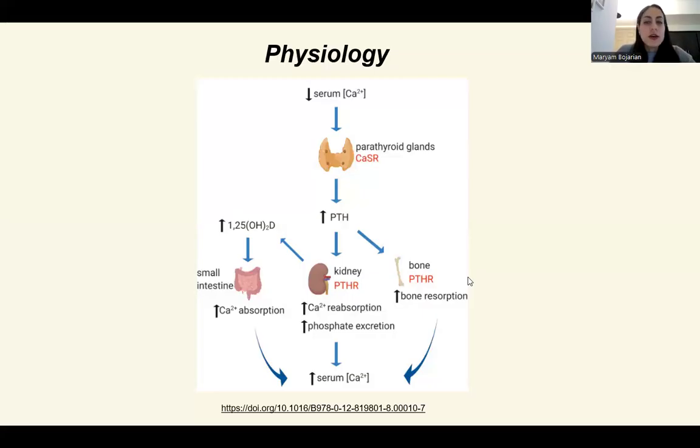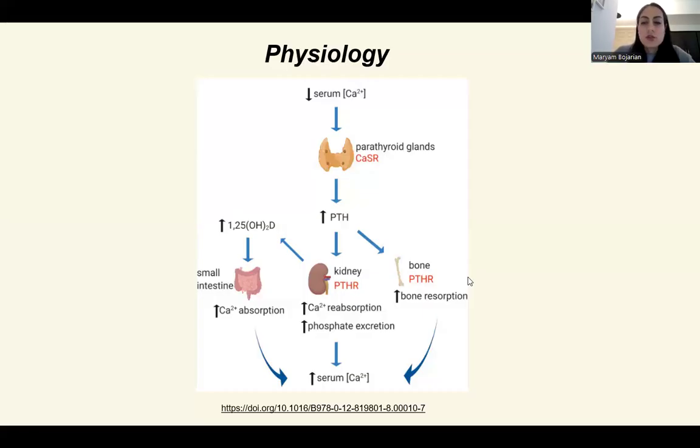And overall effect, calcium and phosphate are mobilized from bone and absorbed from the intestine, but the kidney retains calcium and excretes excess phosphate. Serum calcium normalizes, phosphate remains stable, and PTH secretion decreases.